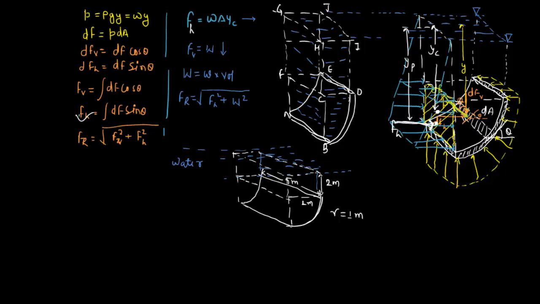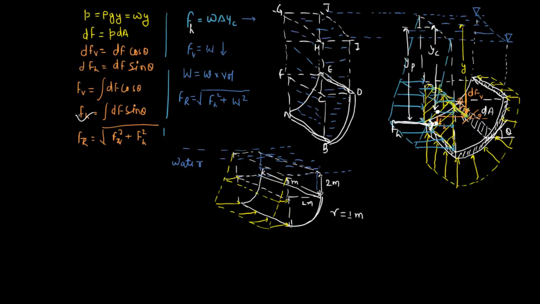First of all, we will calculate the horizontal force component. We can calculate it from the force due to the pressure acting on the projected area of this plate. What is the projected area in this case?